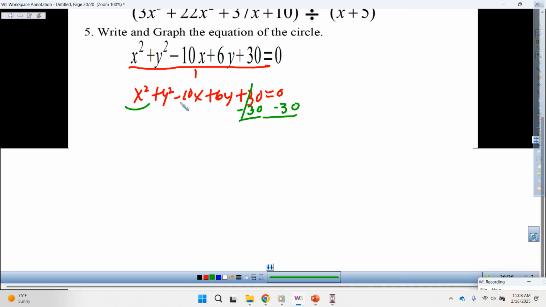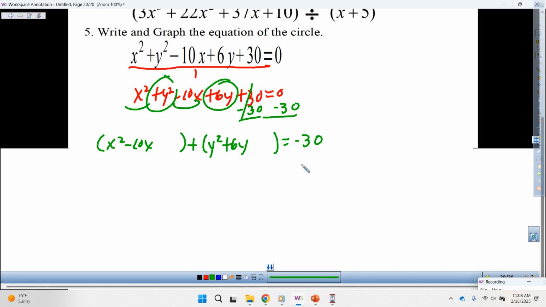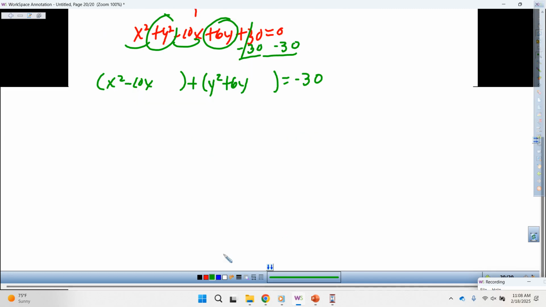Group like terms. x squared minus 10x, empty space, plus y squared plus 6y, empty space, equal to negative 30. Complete the square. Plus negative 10 over 2 squared to both sides. And plus 6 over 2 squared to both sides.